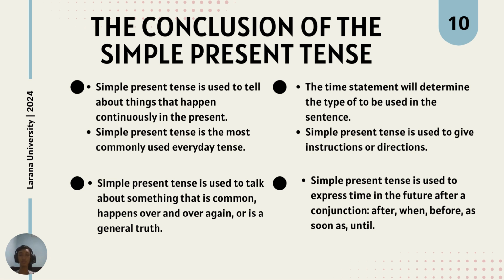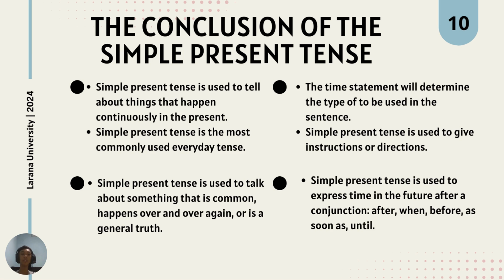In page 19, the conclusions of the simple present tense. Simple present tense is used to tell about things that happen continuously in the present. Simple present tense is the most commonly used everyday tense.